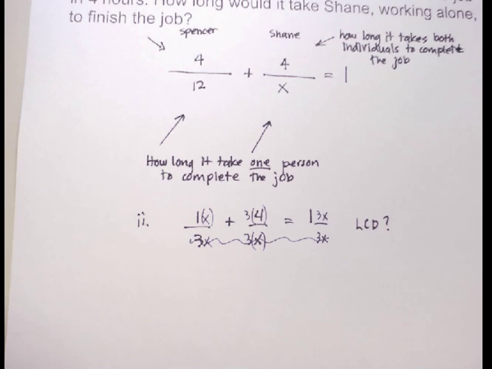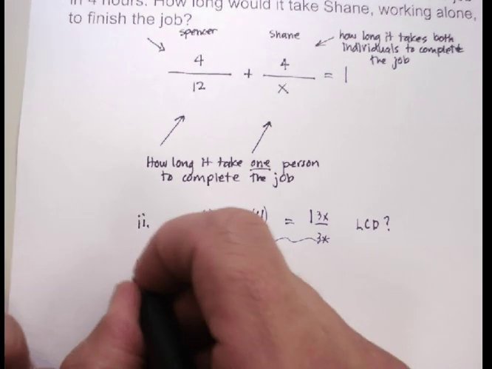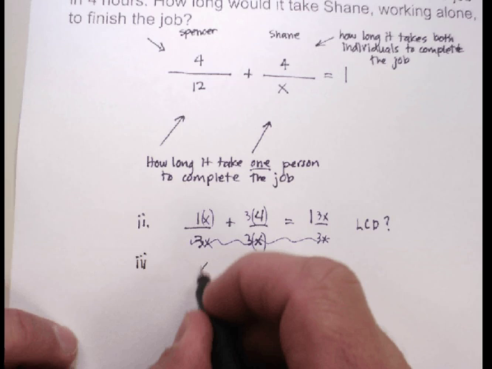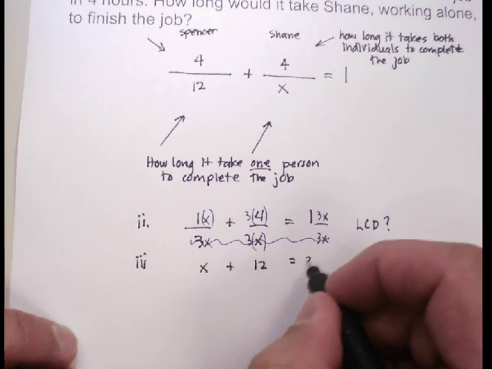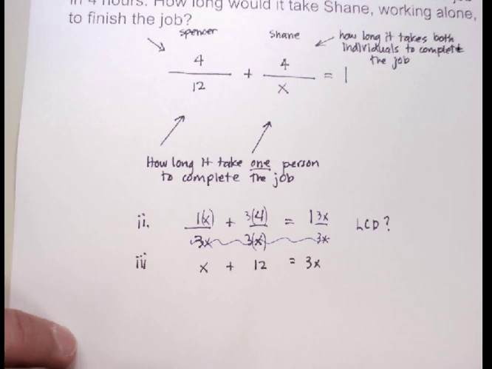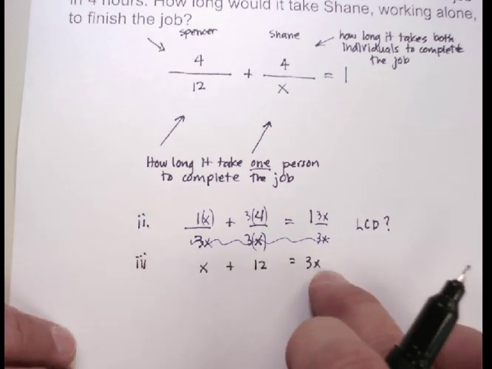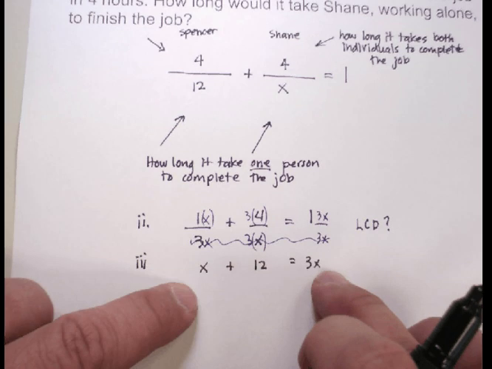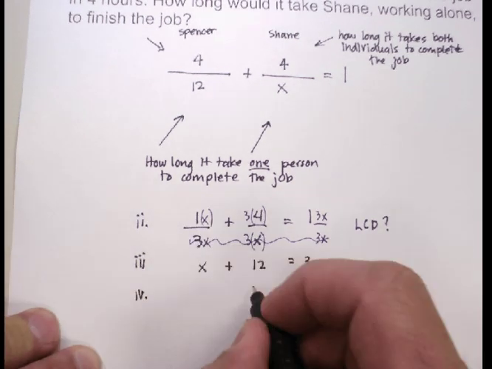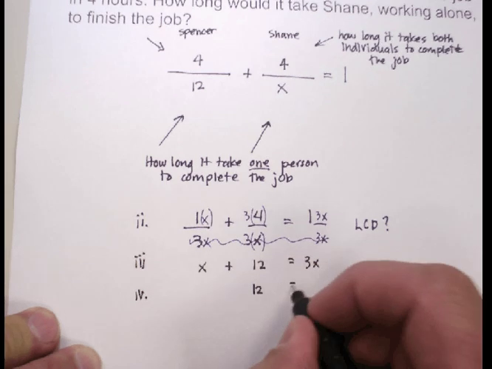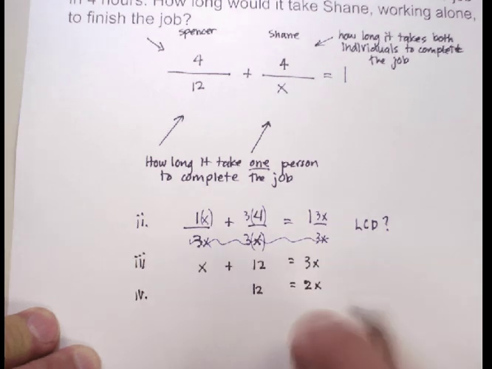And now look what we have. In my next step, I'm going to have 1x plus 12 is equal to 3x. I'm getting closer to solving this. Since this is a degree of 1, we know that we're just going to solve for x. Let's move this x over here. And I subtract x from both sides. And let's divide by 2.